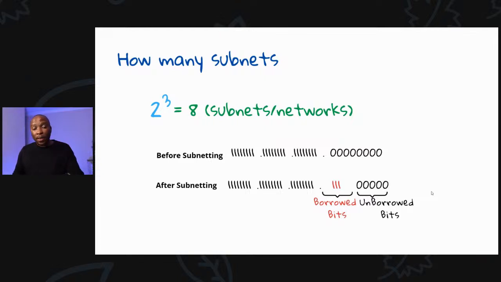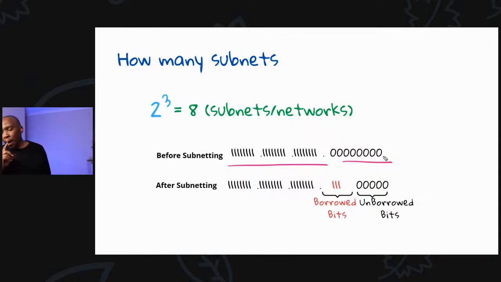So if we borrow 3 bits, right, 2 to the power 3 is equal to 8. Before subnetting our address, this is what our network mask looks like. We are dealing with a /24. Why? Because the first 24 bits are for the network ID, and the last 8 bits are for the host ID.